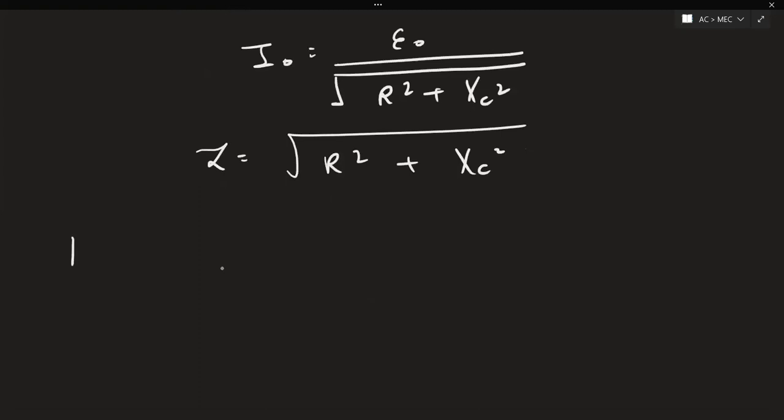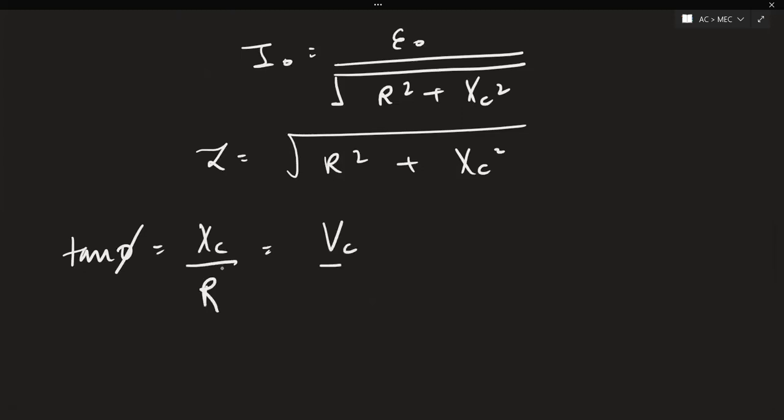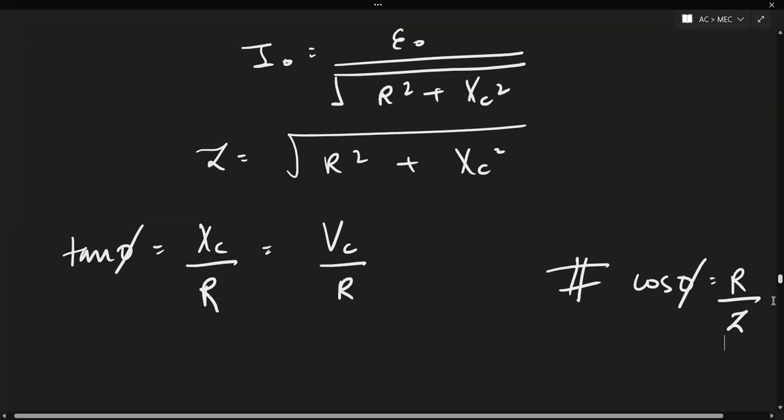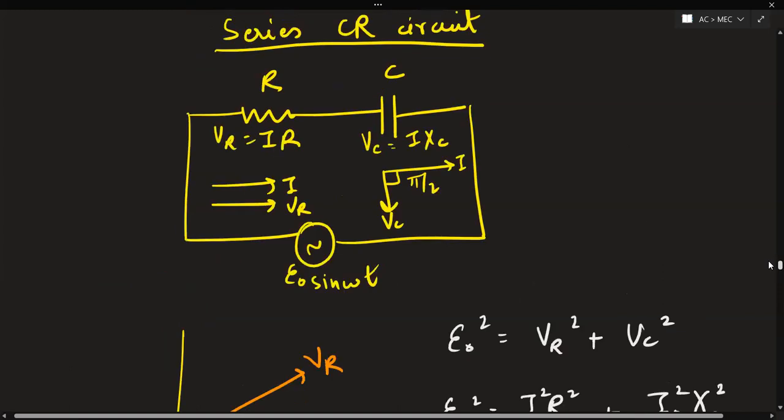And the same goes for tan phi. For tan phi, you can write XC divided by R or VC divided by VR. Any of these will go well. Remember, cos phi will be equal to R by Z in all of these. Z is different here, so you can change the value of Z accordingly. But these basic lines remain the same. Note this down as well.